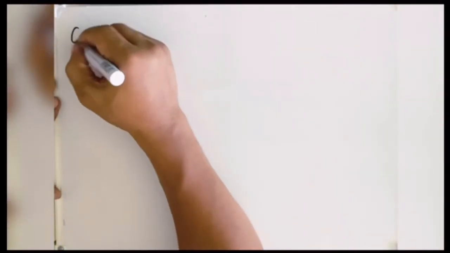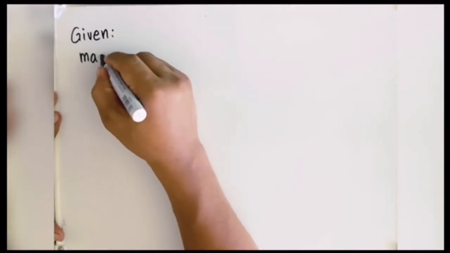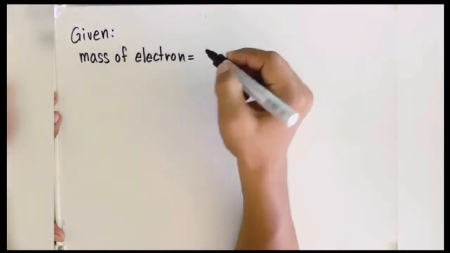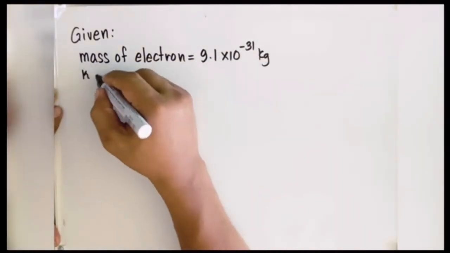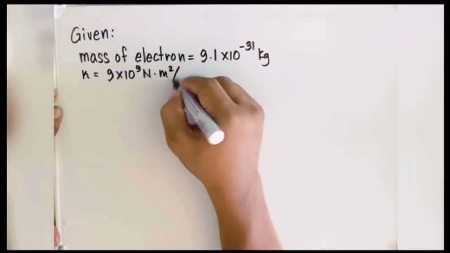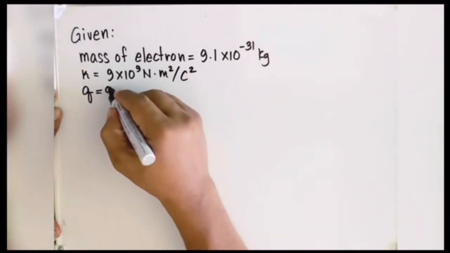And so we will write down the given. The given are the following values. The mass of our electron is equal to, again, 9.1 times 10 to the minus 31 kilograms, while our K constant is equal to 9 times 10 raised to the power of 9 newton meter squared over coulomb squared.